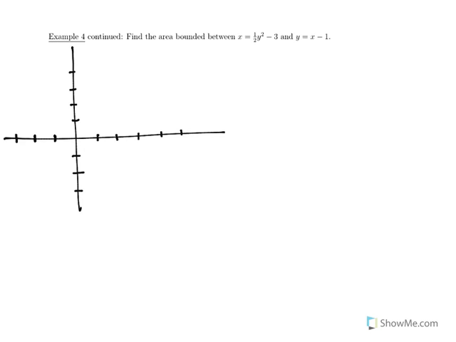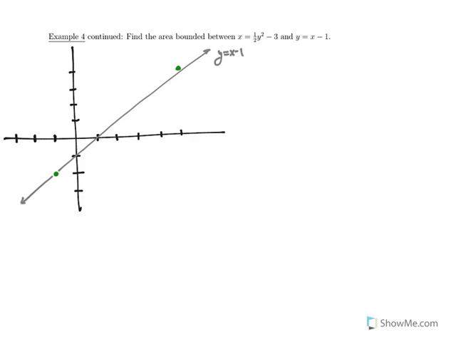We had our two intersection points. Let's draw those first. Negative 1, negative 2, and 5, 4. Think about the line connecting those 2 points. That's y equals x minus 1.